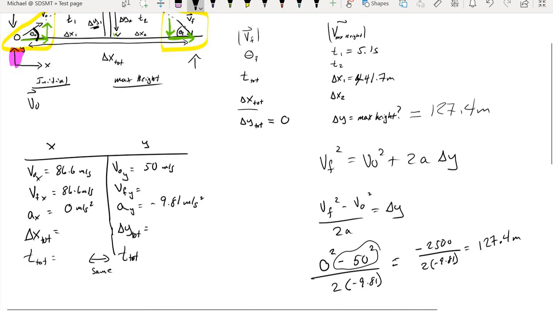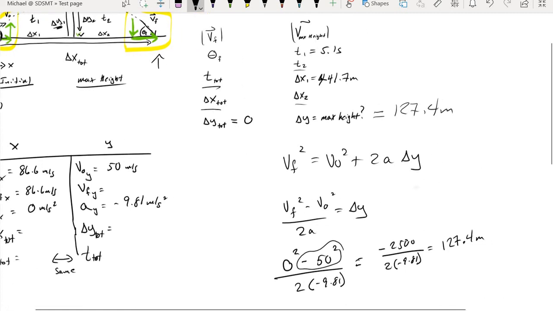So now we're over here looking for these values. What are we going to do about time 2 and delta x2? Well, remember that the total time of flight has to be the combination of the two. And because I already know what time 1 is, if I get the total time of flight, I automatically get time 2 for free.